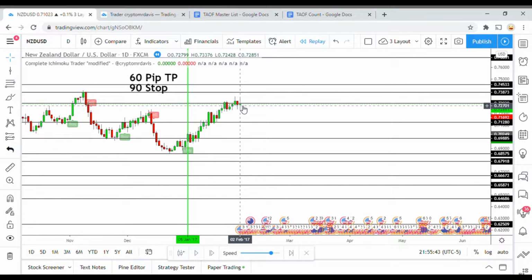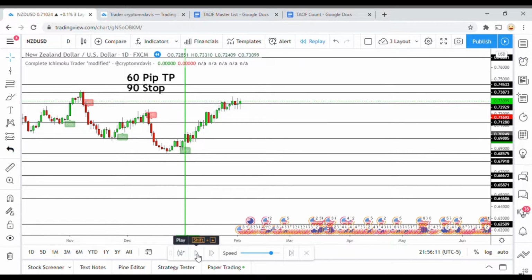It barely made a very, very small body. So this is a classic tug of war candle right here. Both sides, the buyers and the sellers, are equally thinking that price action is going in the direction they want it to go. And so the price really didn't move at all. Let's go ahead and play it one more candle.